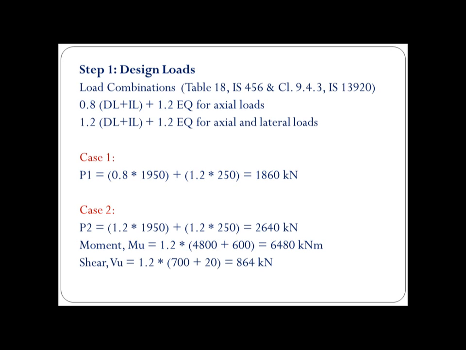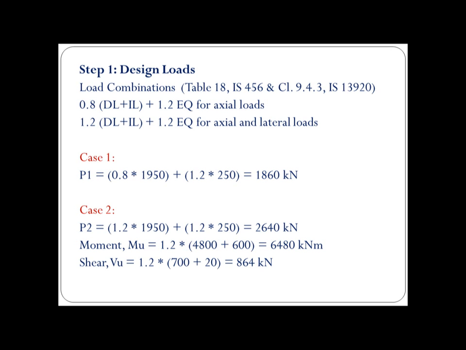As per table 18, when lateral loads and imposed loads are acting, these two criteria apply: 0.9 times dead load plus 1.5 times earthquake load, and 1.2 times dead load plus live load plus 1.2 times earthquake load. These two will be the governing cases, taken from table 18 of IS 456 and clause 9.4.3 of IS 13920.